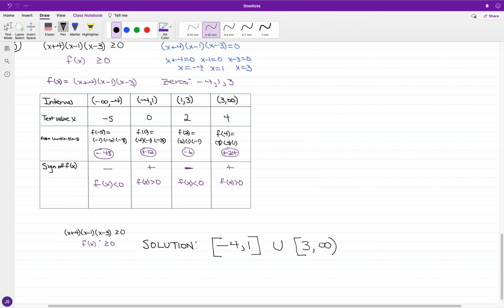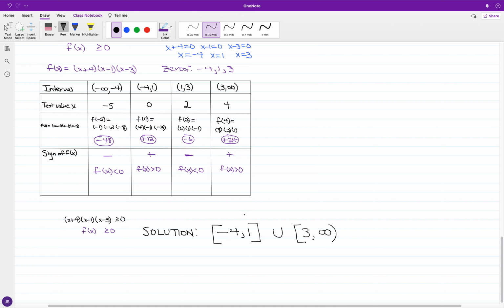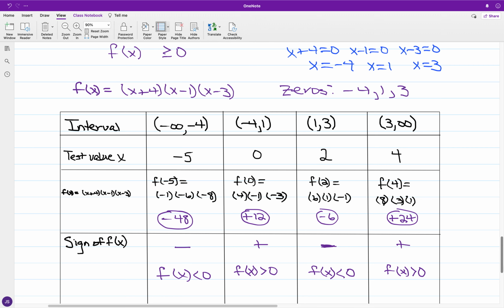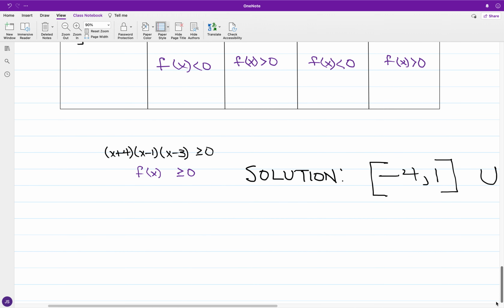All right, now just making a reference to inequalities and also polynomials and end behavior. I'm just going to sort of use building blocks here.